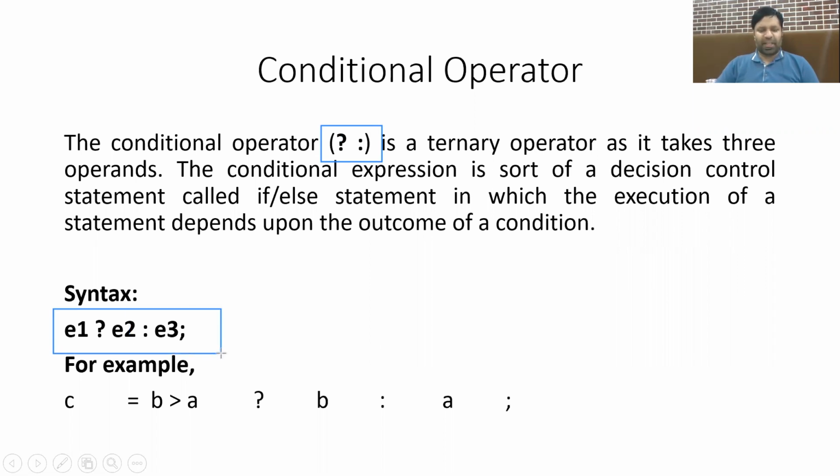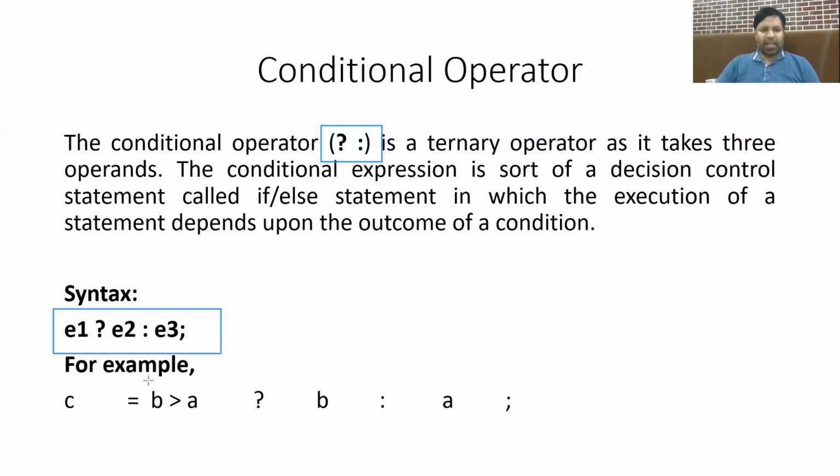A total of 3 expressions can be used. That is why it is called a ternary operator. Expression 1 comes before the question mark symbol. Expression 2 comes in between the question mark and the colon, and expression 3 comes at the right of the colon. Now how is it evaluated?